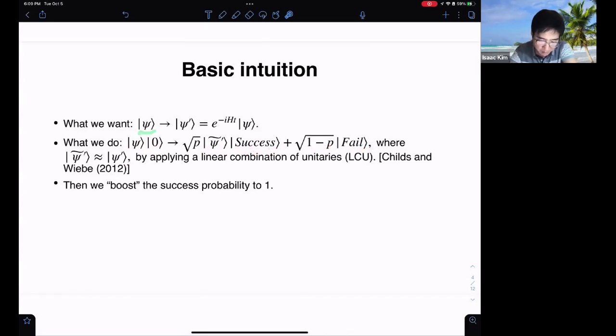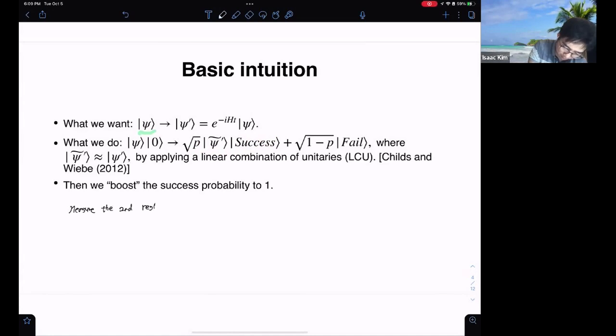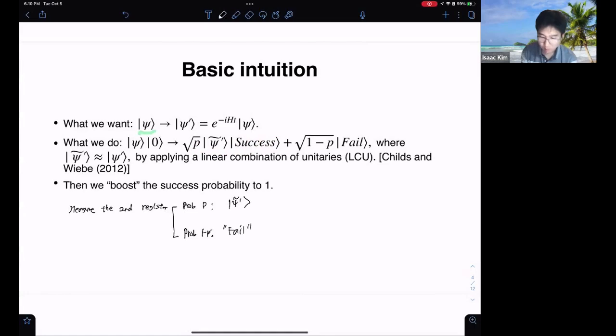So if we just measure the second register, then with probability P you obtain this psi tilde prime state, and with probability 1 minus P you obtain this failed state. We don't exactly know what this failed state is, but the important thing is that when it fails, we know that it failed.